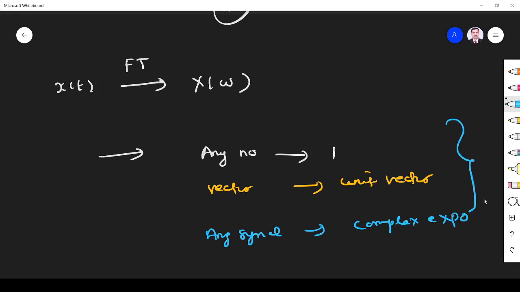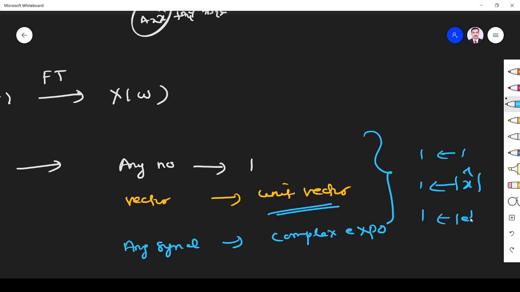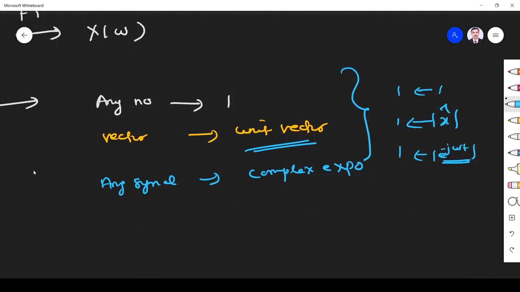What is the commonality among all these things? The magnitude of all the values is 1. Mod x cap is 1. Magnitude of 1 is 1. Mod of the unit vector x cap is 1, that's why it is called a unit vector. Mod e power j omega t, the complex exponential, whether it is plus or minus, the magnitude of the complex exponential is always 1. So this is a very important point, right?